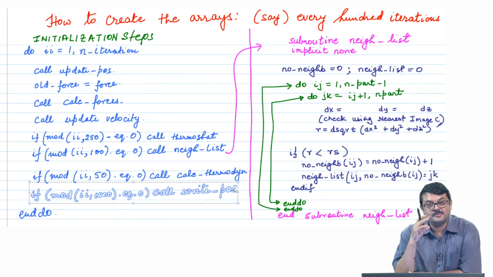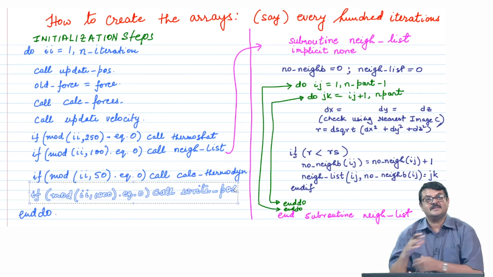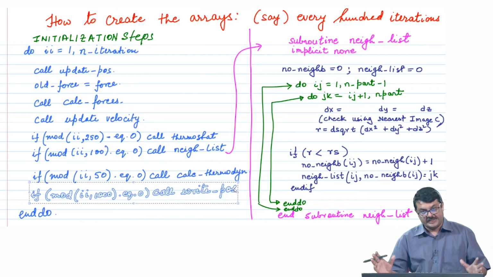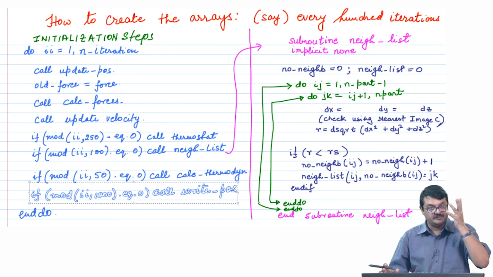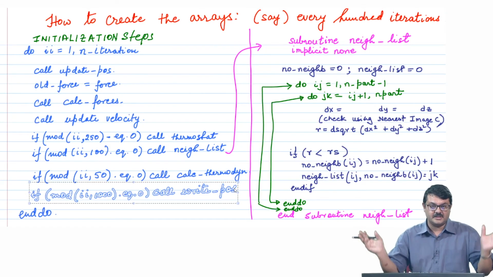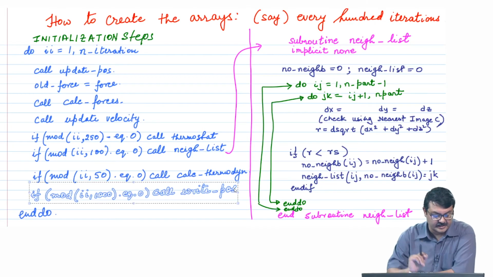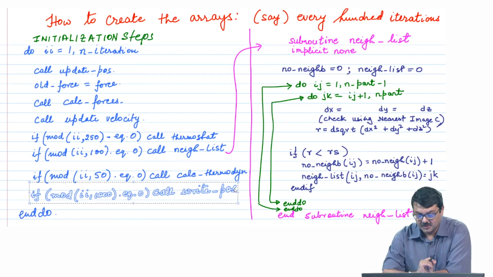So, if you have the positions of all the particles every 1000 iterations, you can essentially join them up and make a movie of your moving particles. You can visualize how your particles are moving, whether they have formed clusters, whether they are breaking up, whether they are moving; if you want to see a movie, that is how you make it.